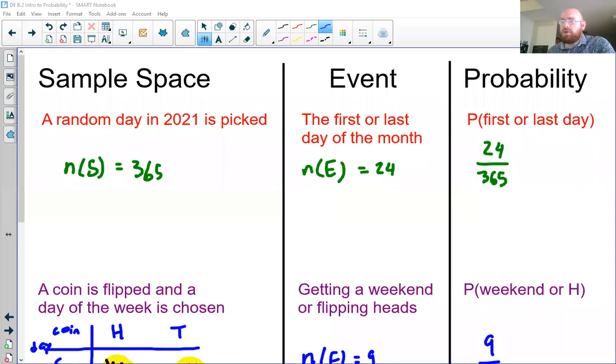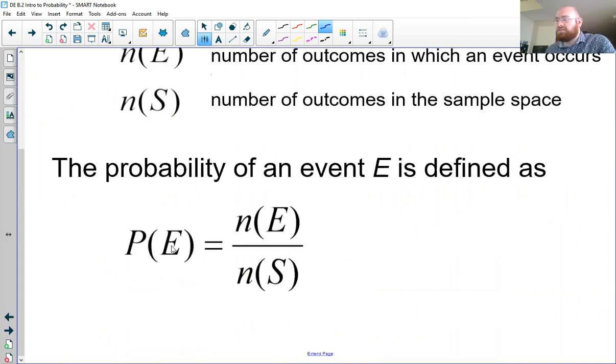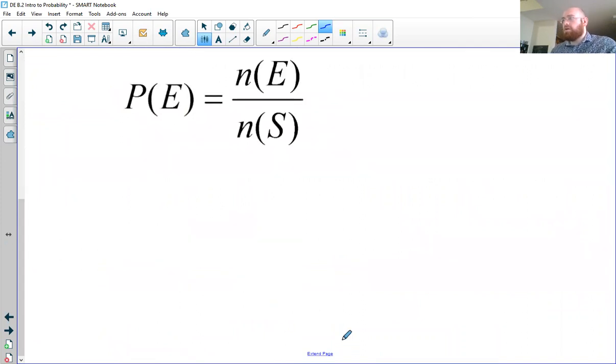So there's one more thing that I want to say about probability. So we're actually going to go back to this slide, because probability has some bounds. And so it's important to discuss what those are and what they mean. So if we think about the size of an event, as we've seen in some of our examples, the event could be equal to 0.